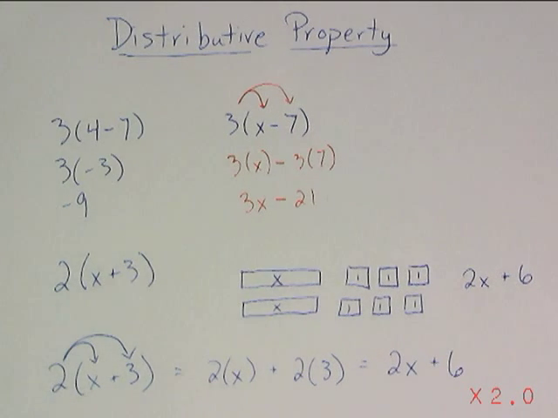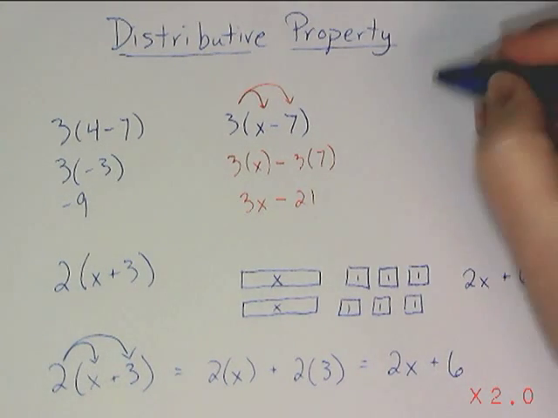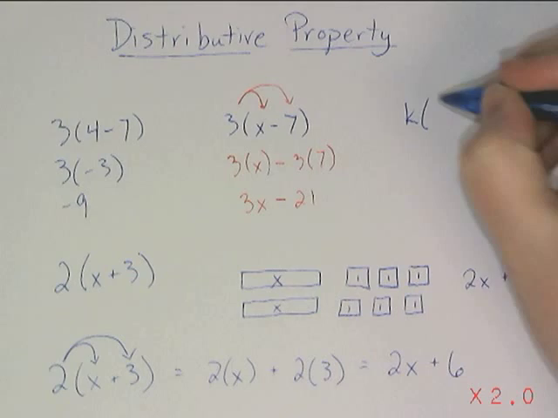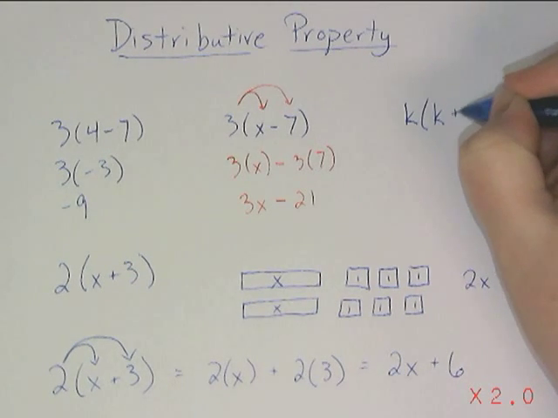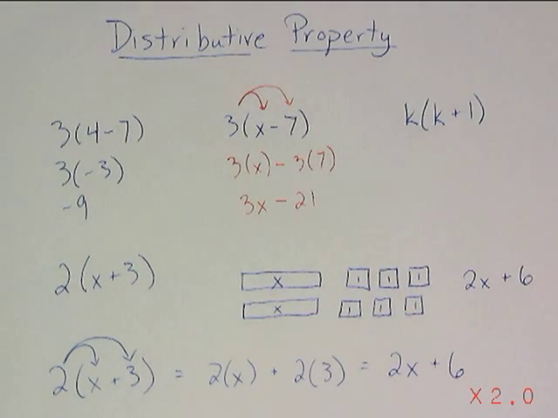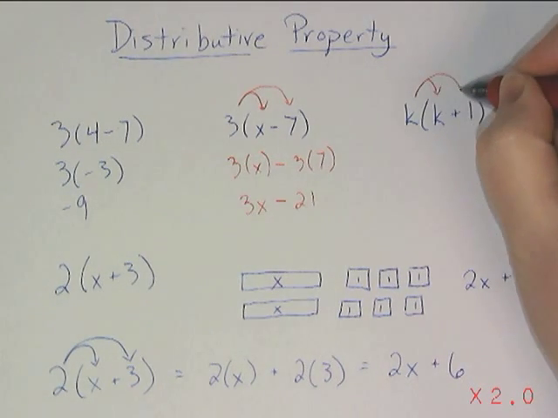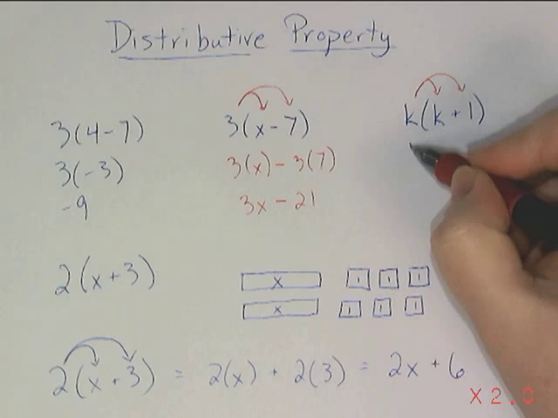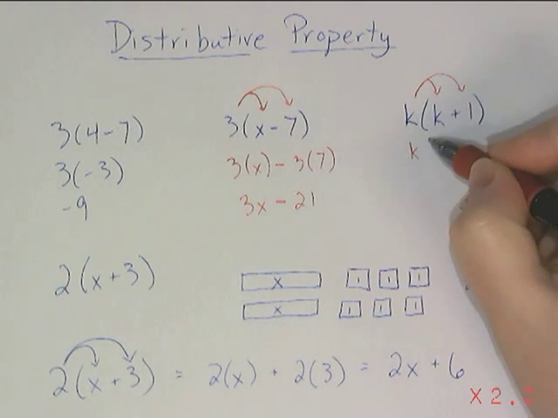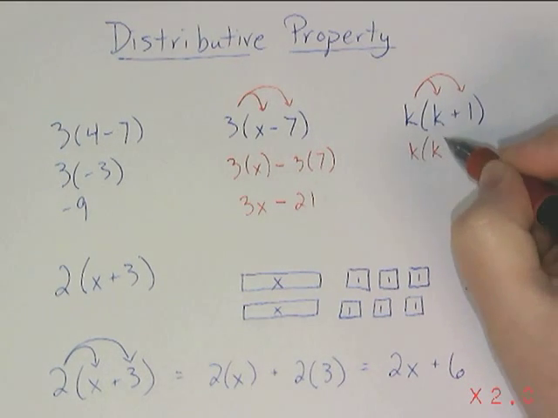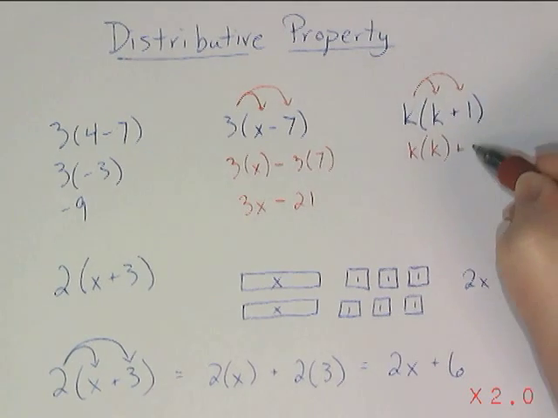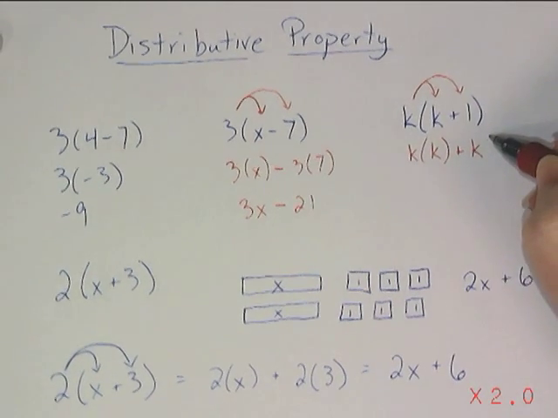What happens if there's more than one variable in the expression that I'm trying to distribute? Maybe I have something like k times the quantity k plus 1. Again, make sure to distribute k to all of the terms inside the parentheses. So this k will be multiplied by this k, and this k will be multiplied by 1.